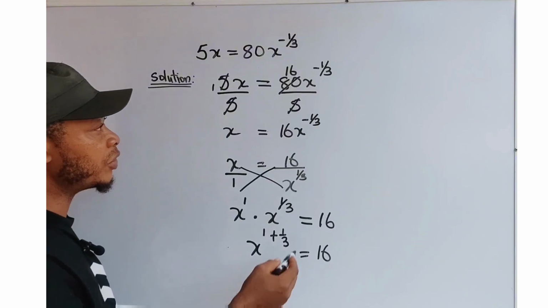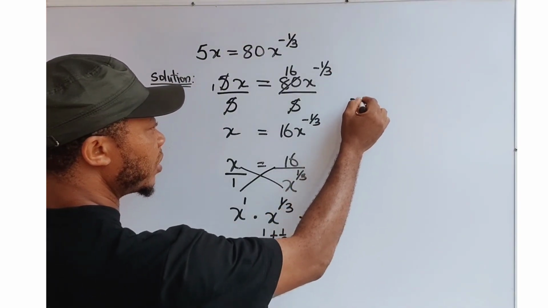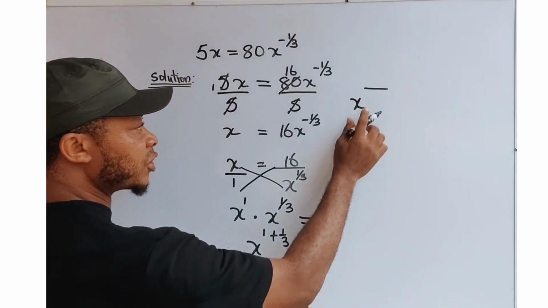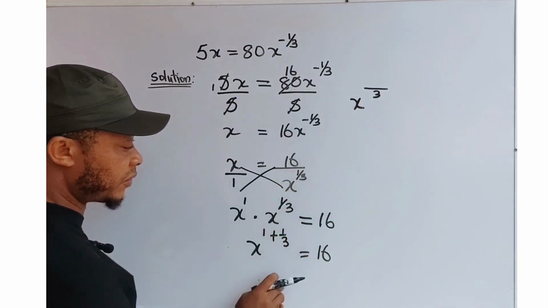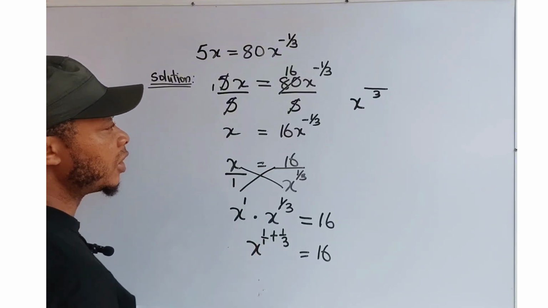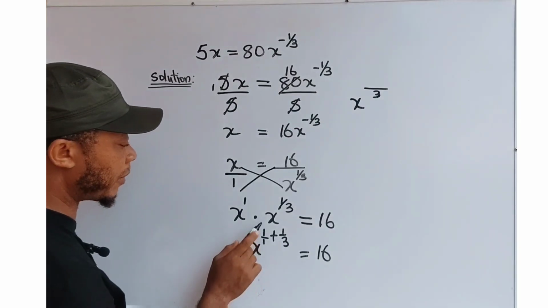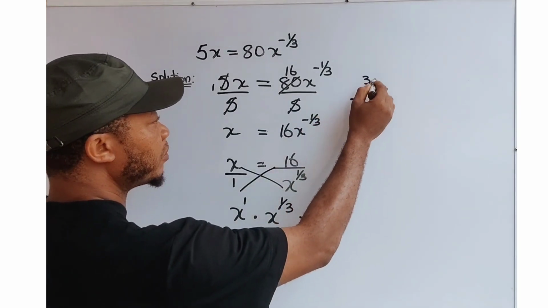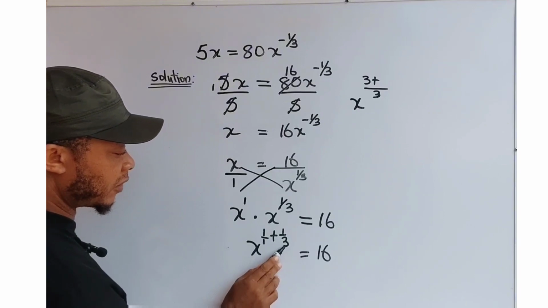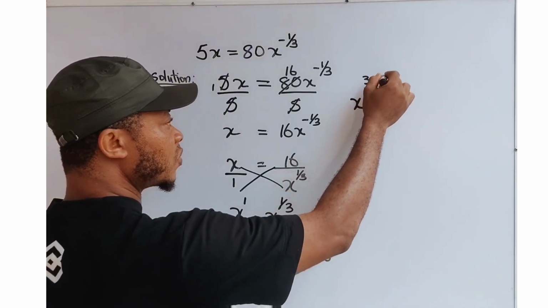Okay, so what we do is we are going to put down x, but it's going to be raised to power. We draw our line of division, bring down the LCM, which is 3. Remember, this is over 1 here. Don't be confused. Now, this 3 will be divided by 1 to give us 3. 3 multiplied by 1 will give us 3, plus 3 divided by 3 to give us 1, 1 multiplied by 1 will give us 1.